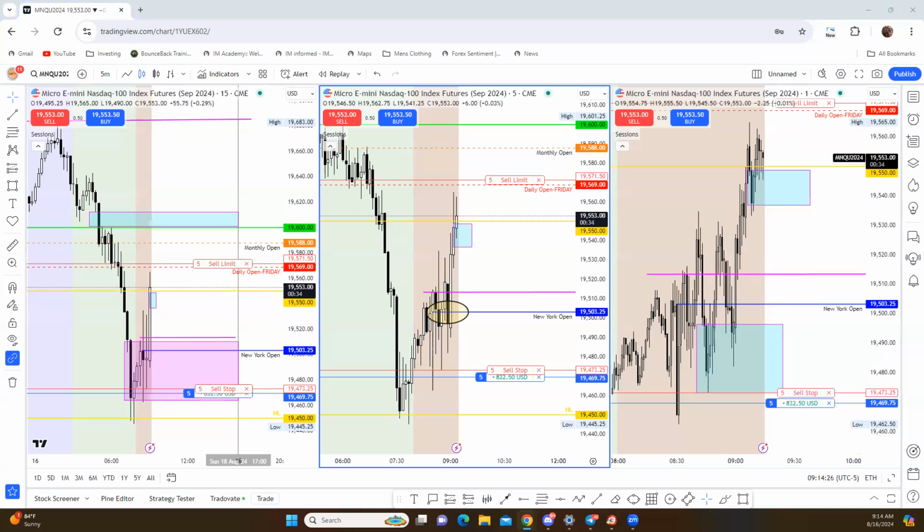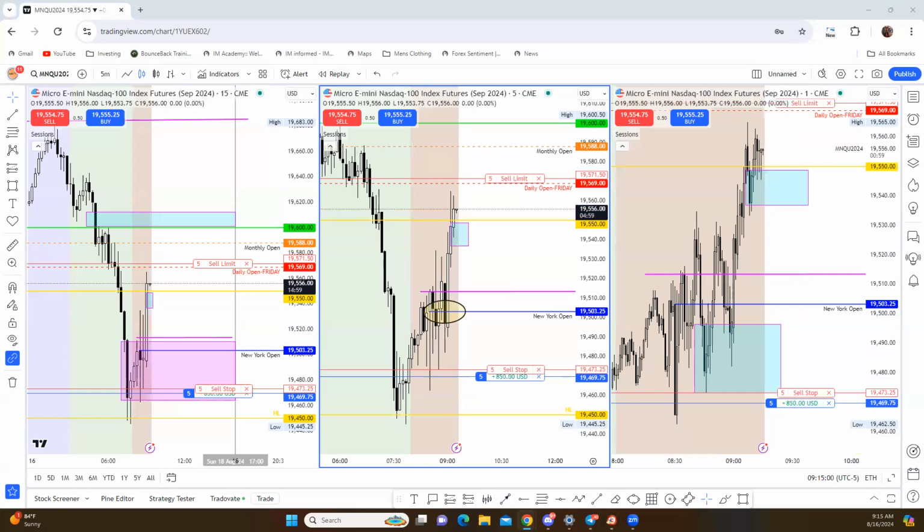Nothing on the 5 minutes really telling me that this is going to fall over. Really good push there.